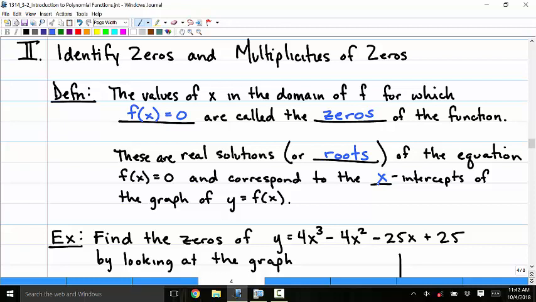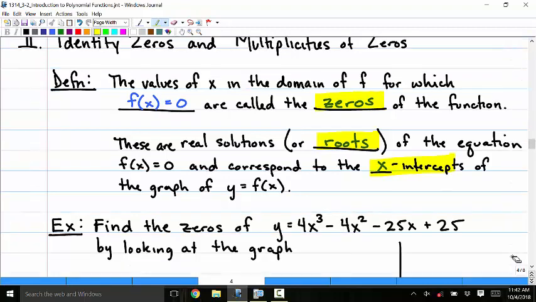When you let y equal 0 and you solve for x, those x numbers can be called zeros, they can be called roots, and they also correspond to the x-intercepts. Those three terms are synonymous.